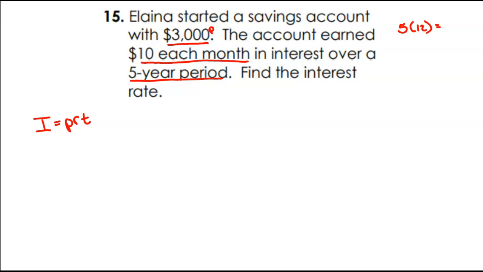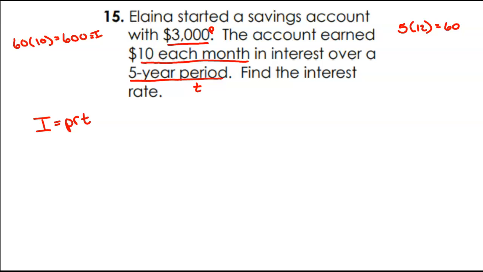So 5 times 12 is going to be 60 months. So 60 months, and it's earning $10 each month. So this is a total of $600 in interest. So that is going to be, this is I. And then we've got the time, which is 5.